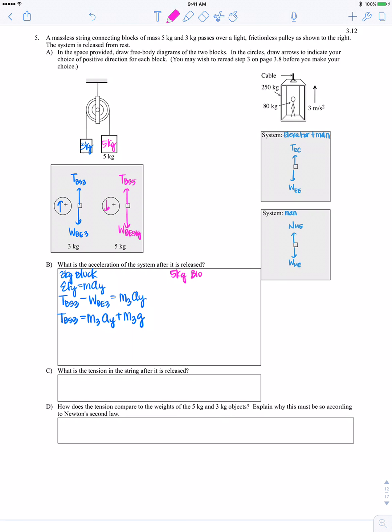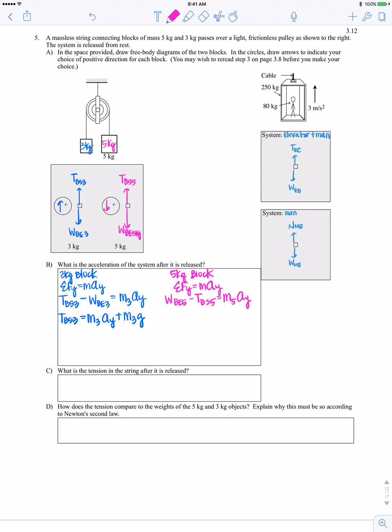But I can apply net force equals ma to the 5 kilogram block in order to get a system of equations. Net force in the y equals ma in the y. For the 5 kilogram block, because down is positive, I have the weight on the block by the earth minus the tension force equals the mass of the 5 kilogram block times the acceleration.